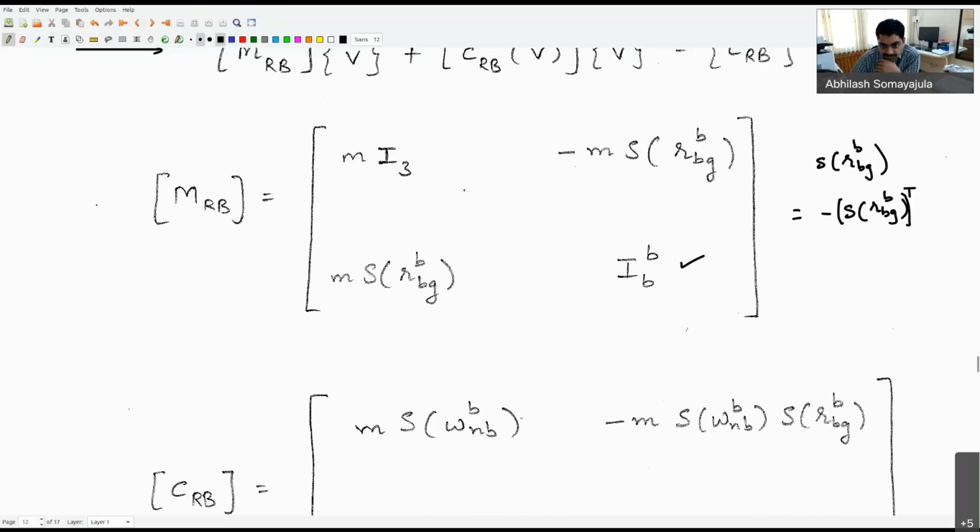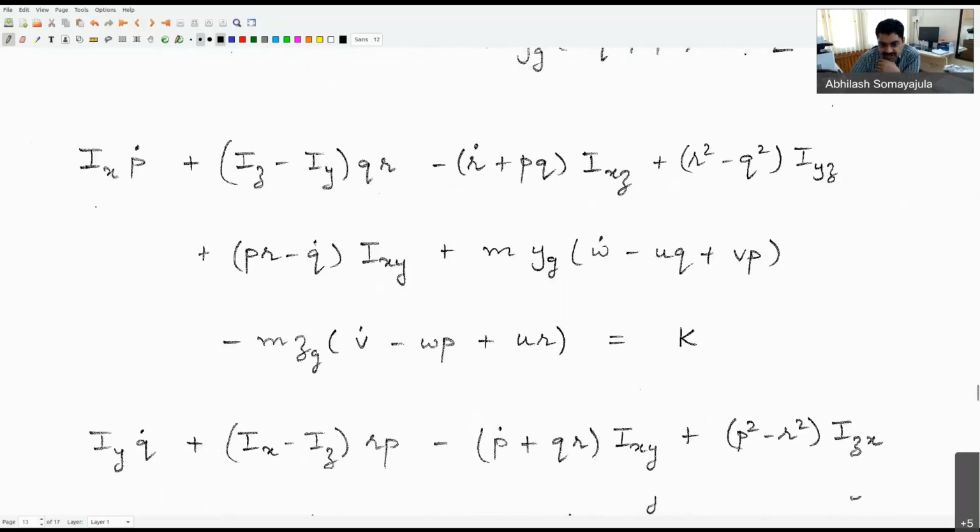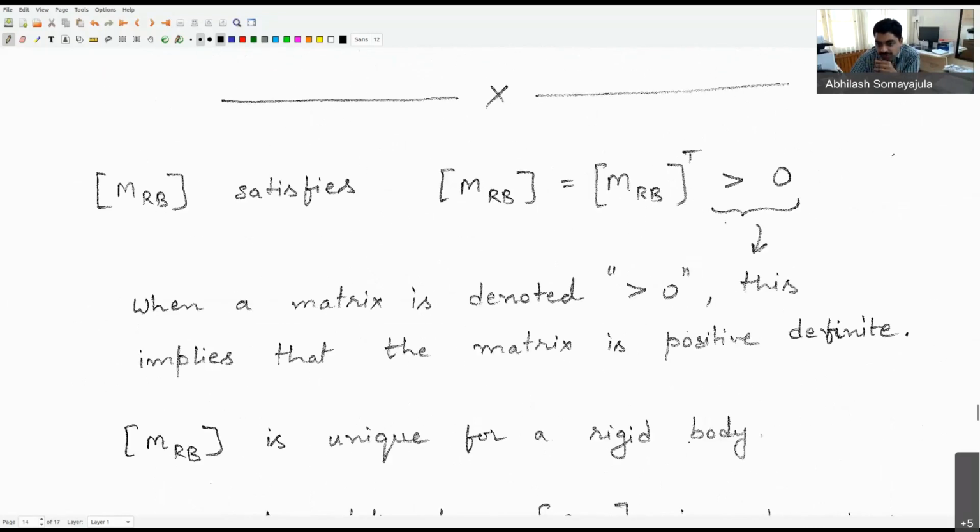Okay, so since that matrix is symmetric, we will also find that that matrix is positive definite. Notice the convention here: when I write that the matrix is greater than 0, it doesn't mean that each element in the matrix is greater than 0. Here what it means is that the matrix is positive definite.